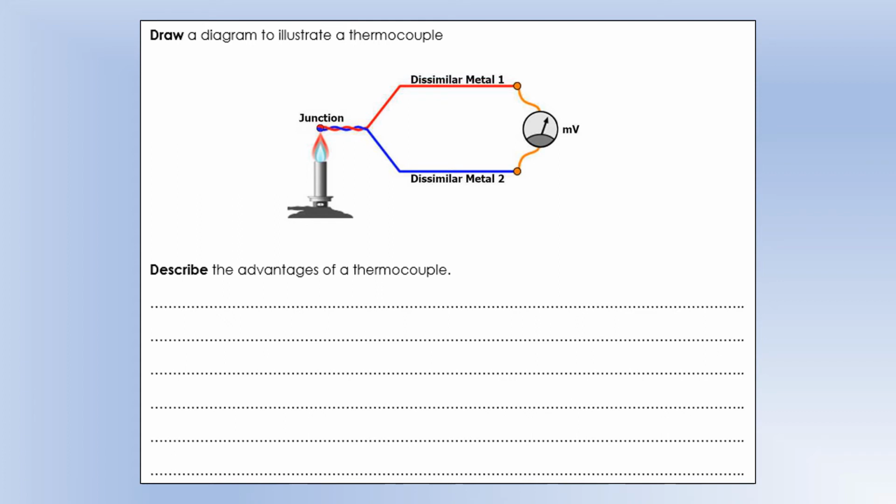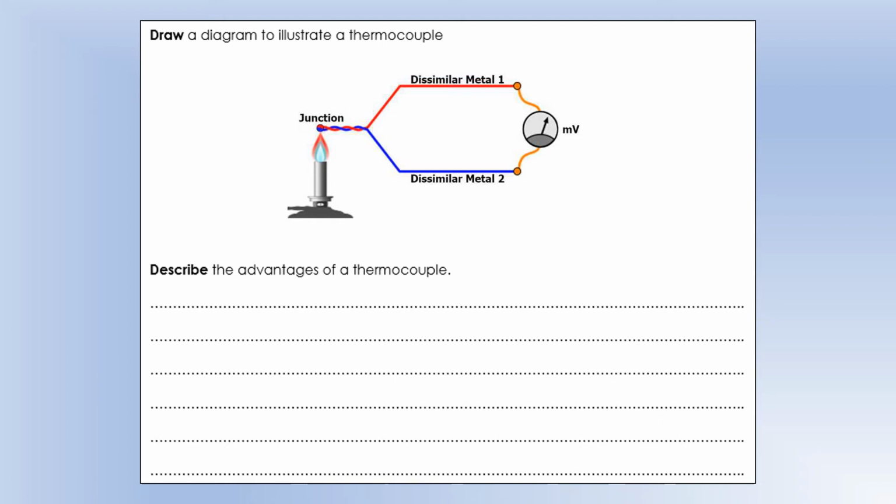So it's just called a junction on here. Then you have the other end of it in a reference temperature, which is often room temperature, or we could stick it in ice if we want an even more fixed cold temperature. And then that is connected to a voltmeter. So those are our three parts: we need a hot junction, we need a cold junction between the two, and then we need a voltmeter.